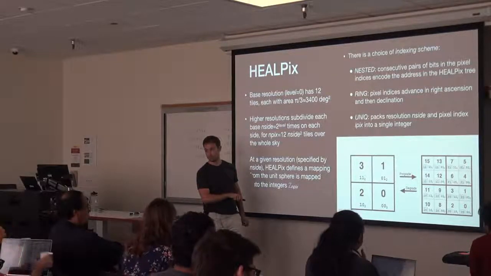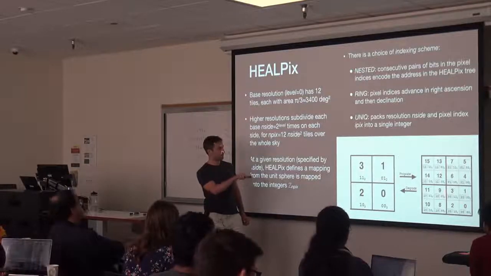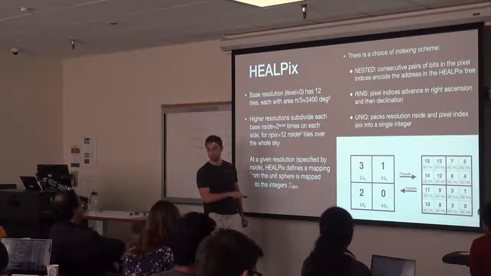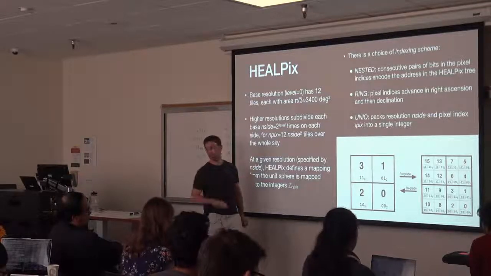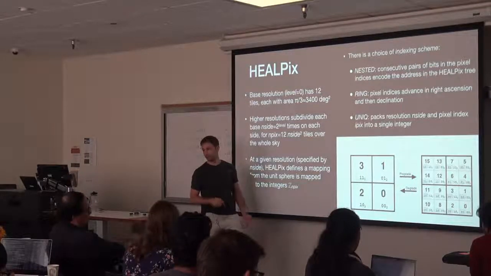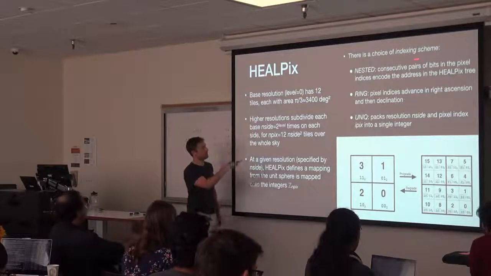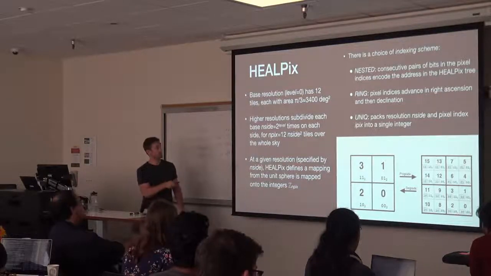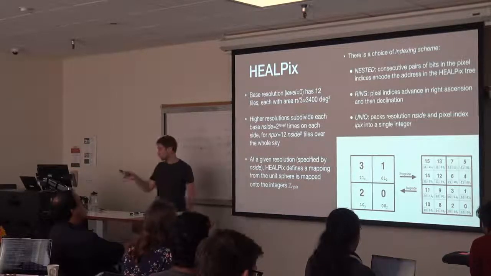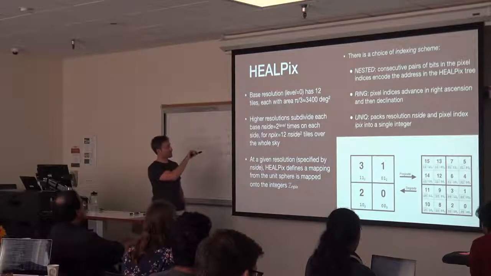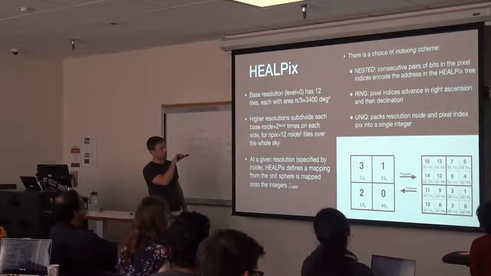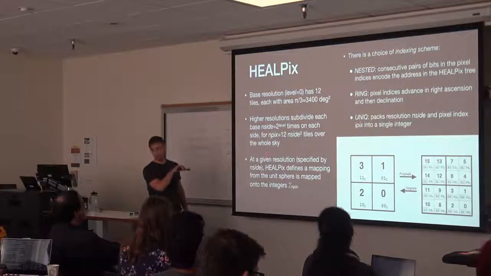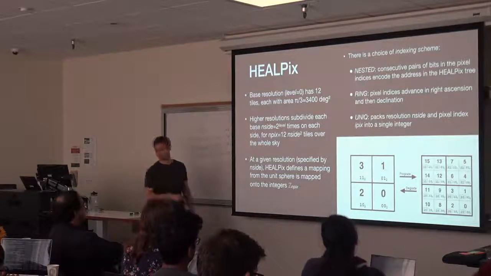Does that make sense? So I've taken this 2-dimensional tree structure, and I've addressed every position within it as an integer. Okay, so that's the nested indexing scheme. Then we have the ring indexing scheme, which assigns pixel indices advancing in right ascension and then advancing in declination. And you can convert between these two.